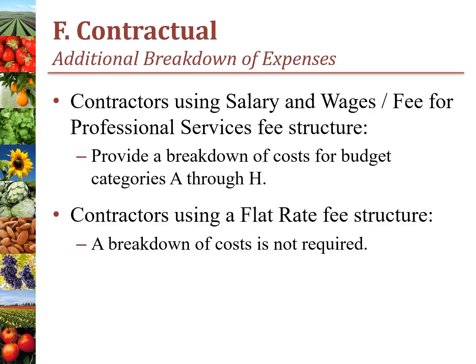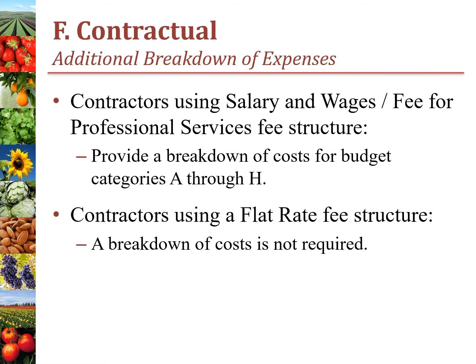Within the contractual budget category, in addition to the contractual table and justification, an additional breakdown of expenses is required for contractors using a salary and wage or fee for professional services fee structure. For these fee structures, a breakdown of all costs for budget categories A through H is required.